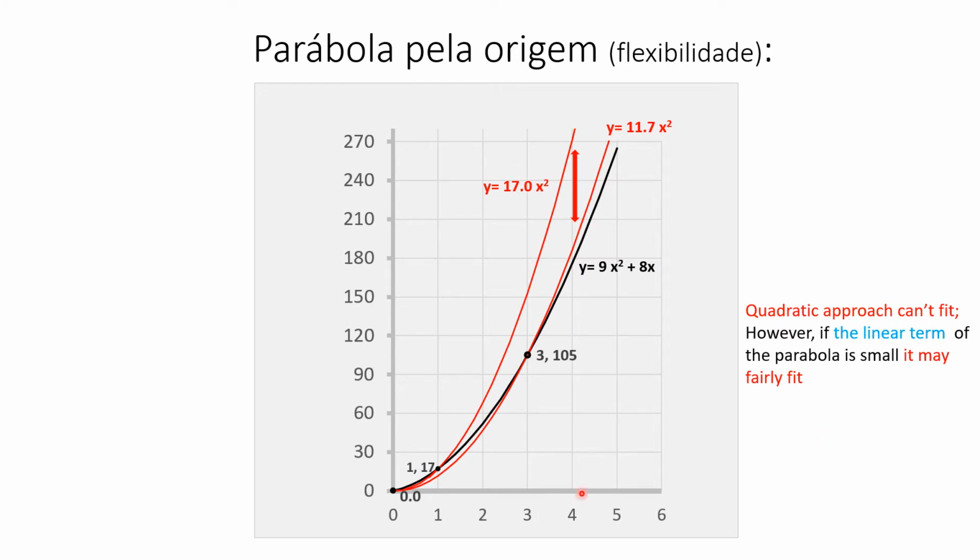But you can see in this example here that if you see the parabolic approach that has the two types of terms, and you compare it with the quadratic one, then the quadratic is pretty close, although it's not perfect.